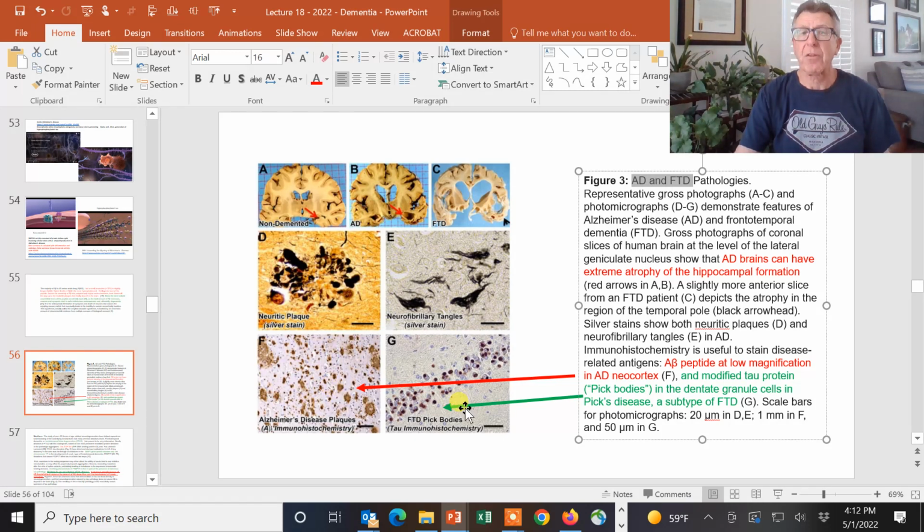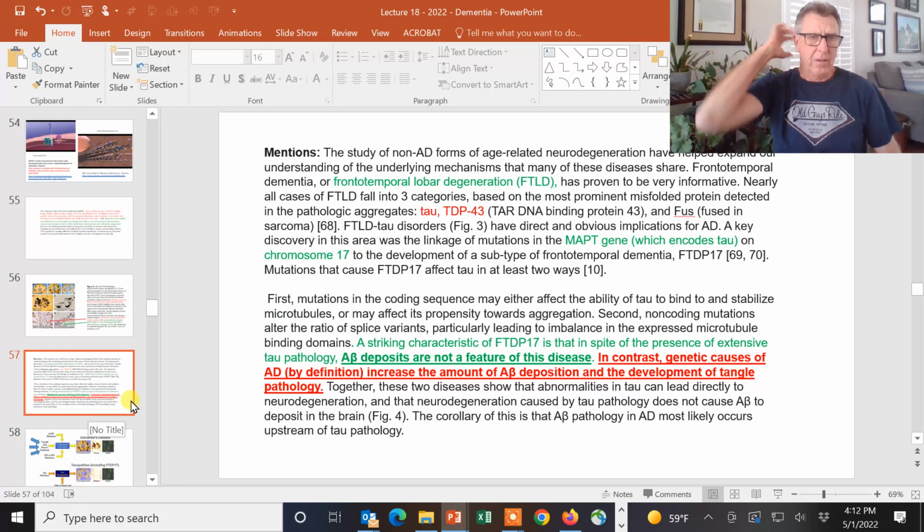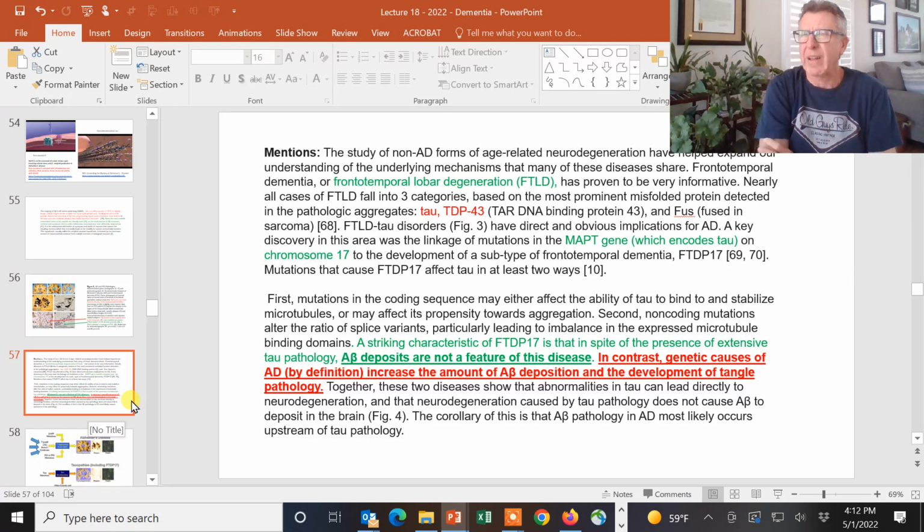The abnormal phosphorylated tau accumulates mostly in the frontal cortex. Can you detect that with a test? No. Can you detect it when the person dies? Yes. But what you can do is rigorous behavioral analysis, and we'll see that frontotemporal dementia is a different beast in terms of the behavior.